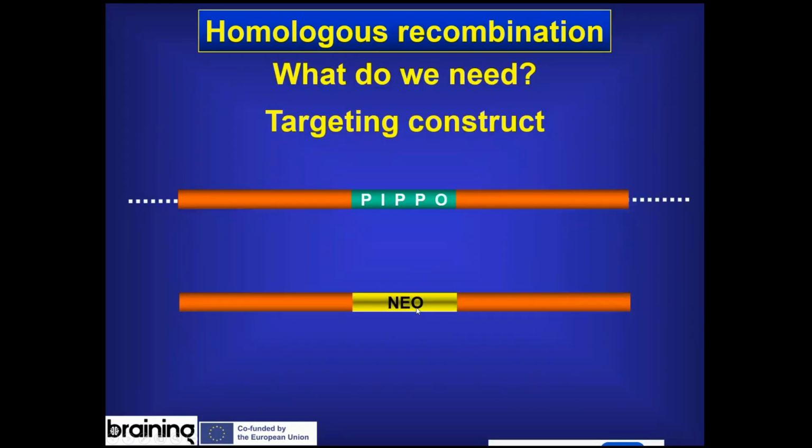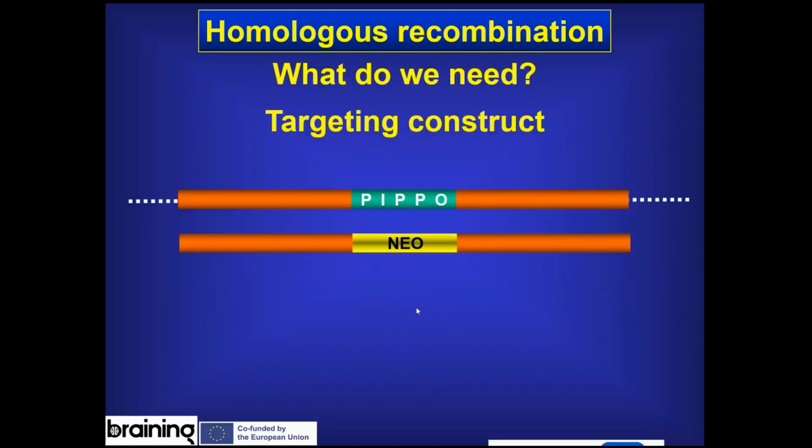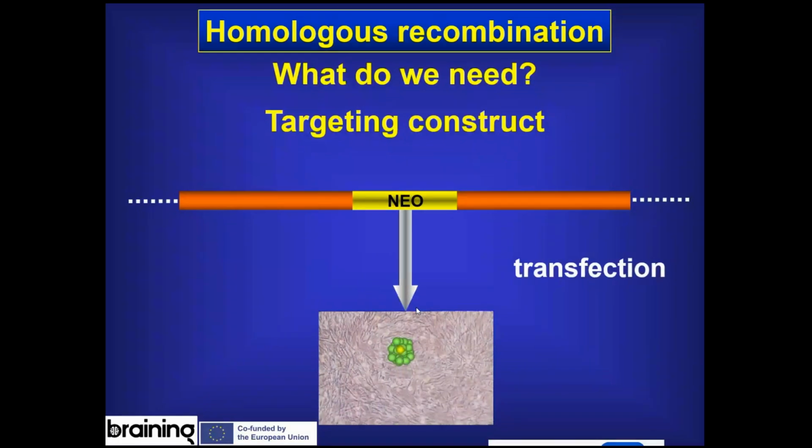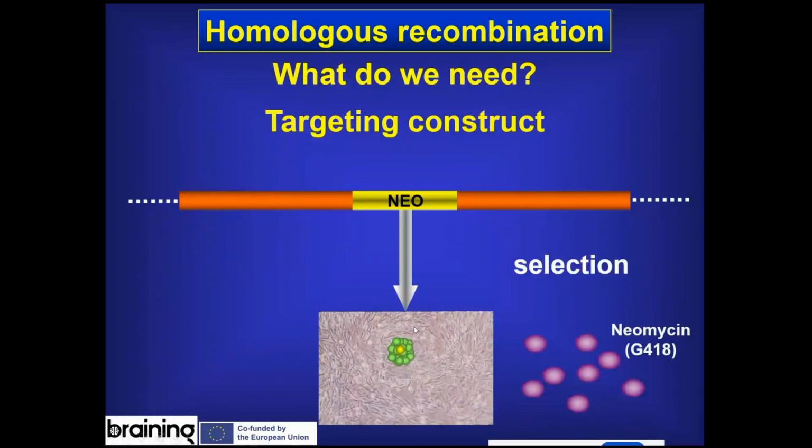When we put this construct in the cells, we will have recombination. So if we transfer this construct, it will recombine. One cell will have recombination. Then we select these cells by applying neomycin, which is an antibiotic that kills eukaryotic cells. All cells will die, but this one, which will reproduce.